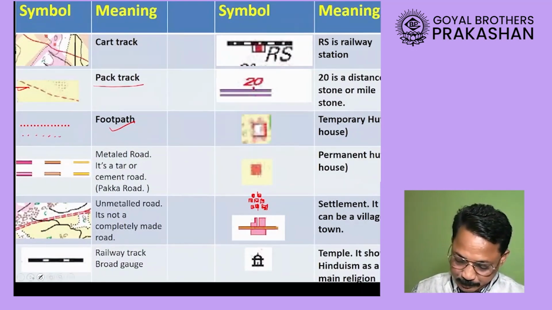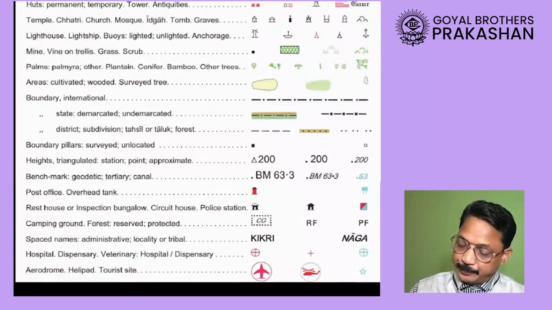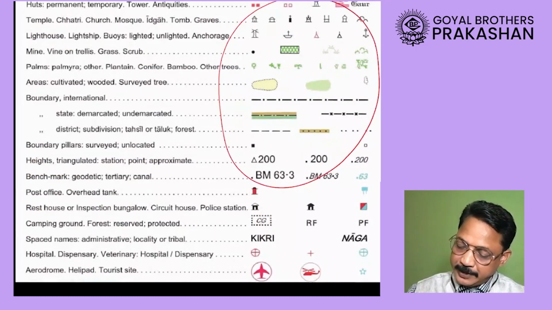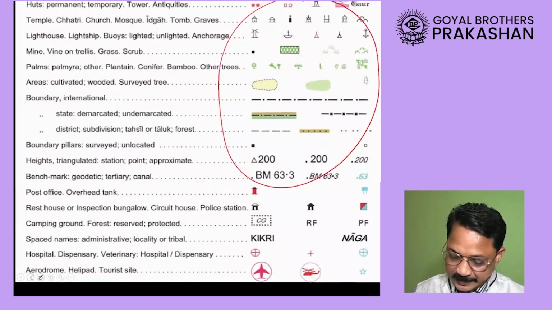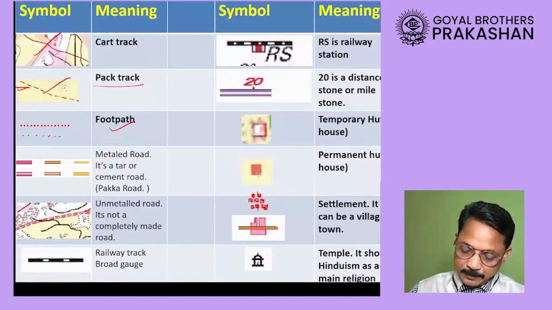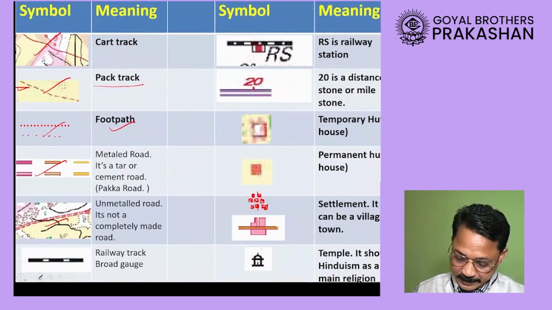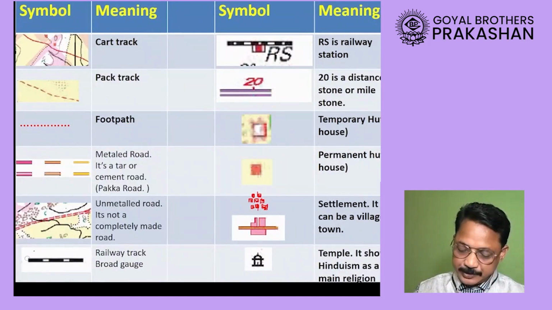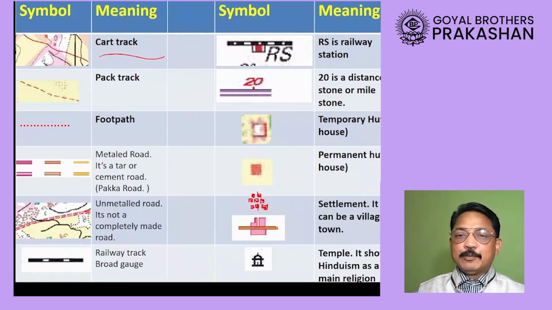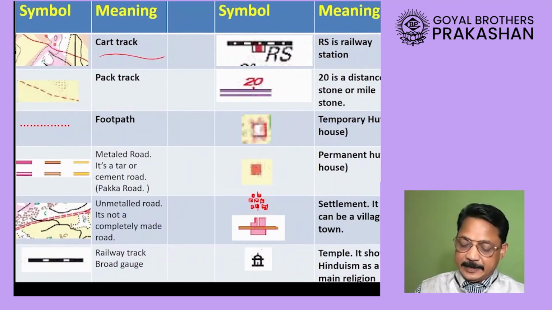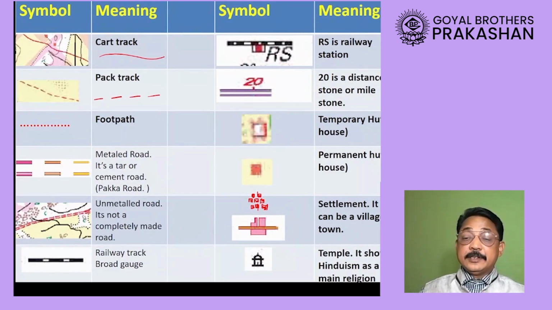Please remember, dear student, these symbols which are shown over here, I have enlarged them and put them up here so that you can see them in an enlarged form, and you will also understand their meaning. So if there is a continuous red line like this in a topo map, it means it is a cart track. If it is a broken red line, it means it is a pack track.